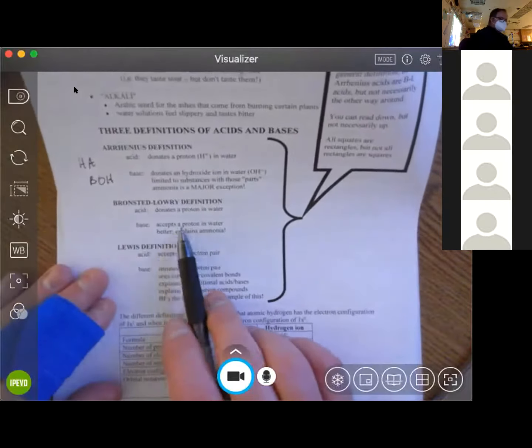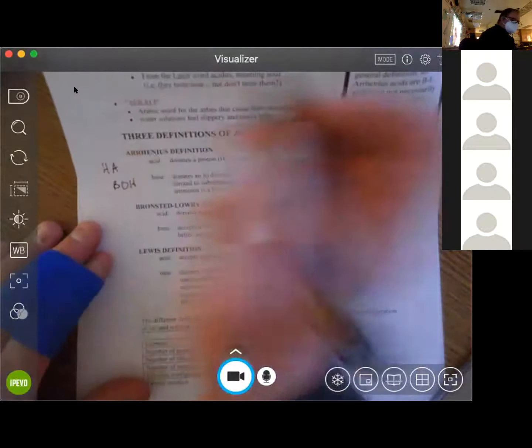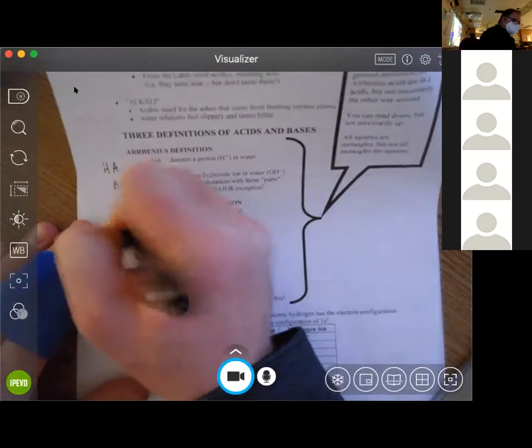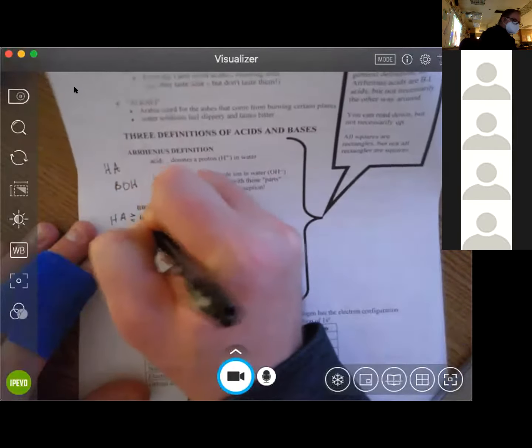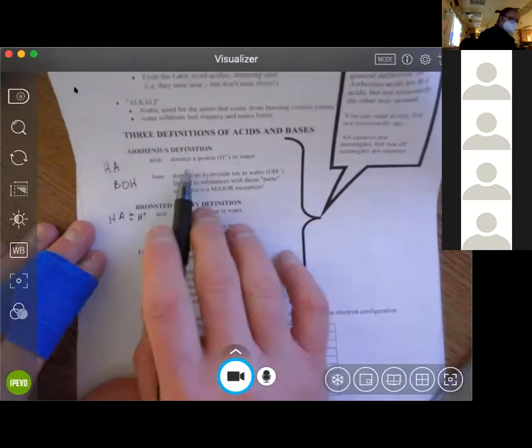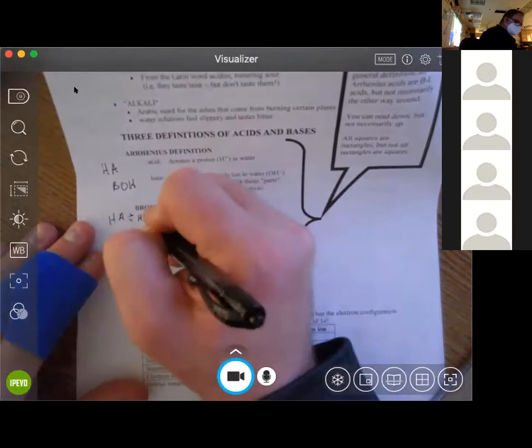And what makes this different is that all of these Arrhenius acids are still those proton donors, right? No big difference here.